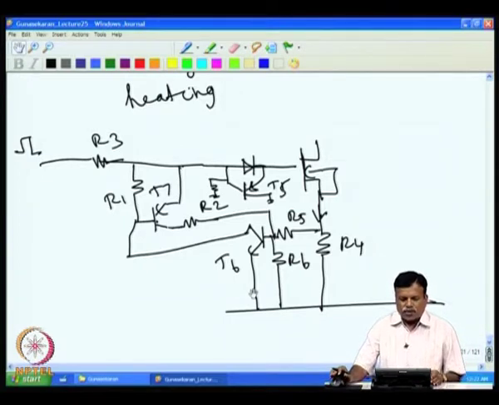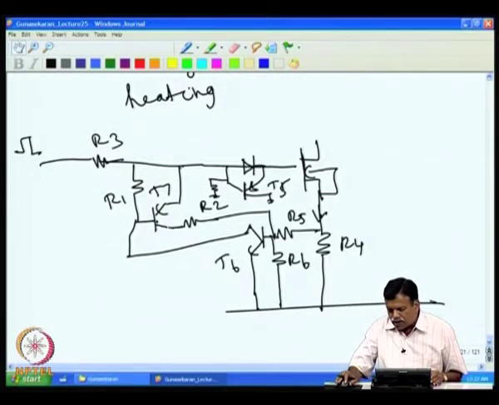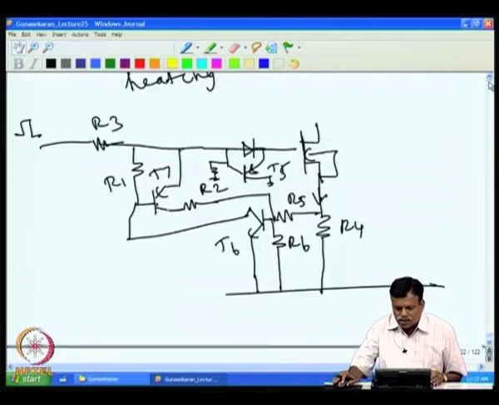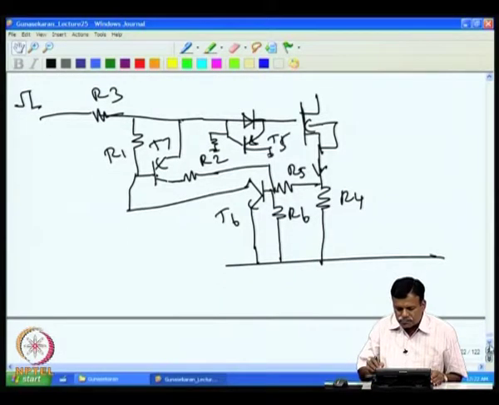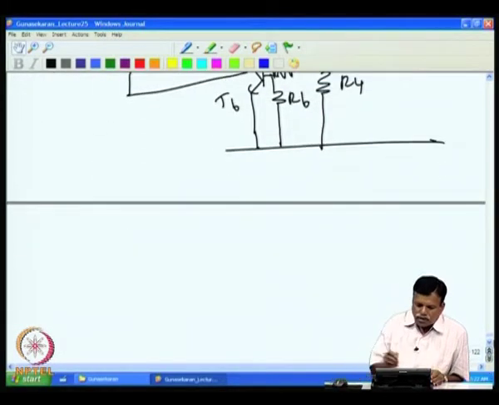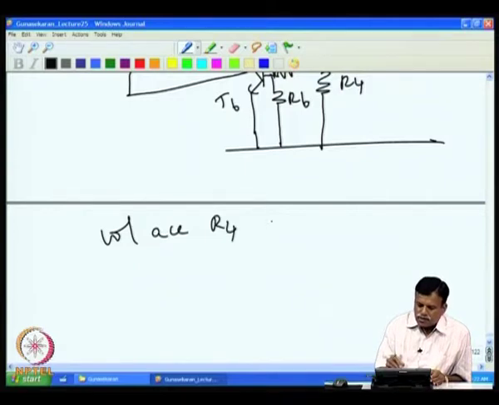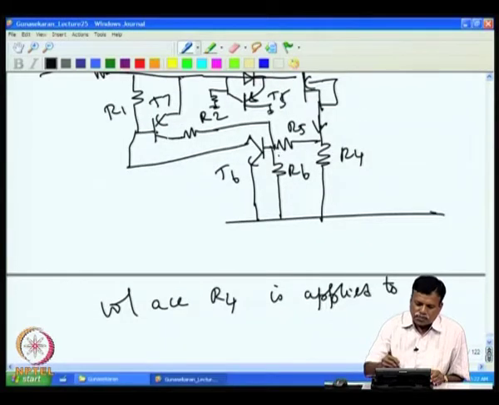So, T6 is the one which senses the current. So, the T6, that is voltage across R4. So, if I take this, voltage across R4 is applied to T6, at the base.